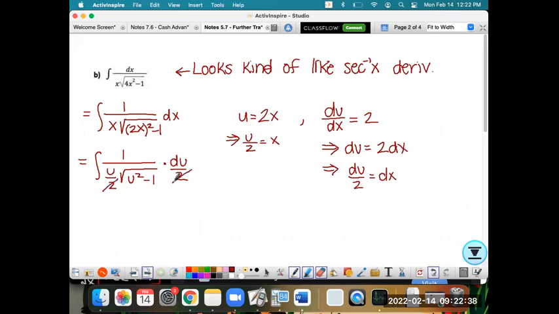And that does look exactly like the secant inverse derivative. So integrating this, the antiderivative is secant inverse of u plus c, or technically negative cosecant inverse of u plus c. And then go ahead and back substitute.